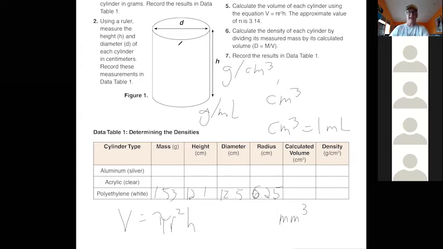So I need to change that to centimeters. That's going to be 2.1 centimeters in height and 0.625 centimeters is R. So then I'll just go ahead and calculate that.